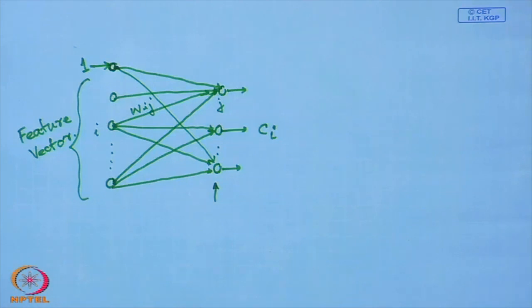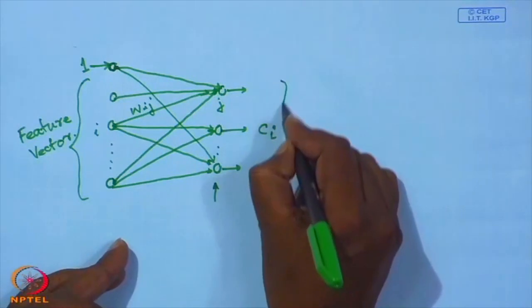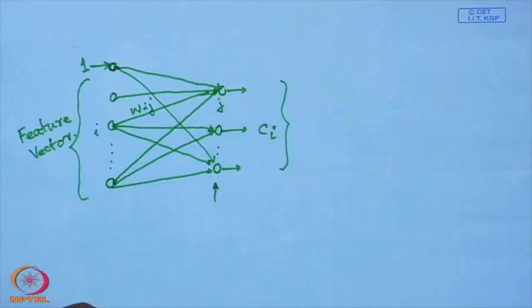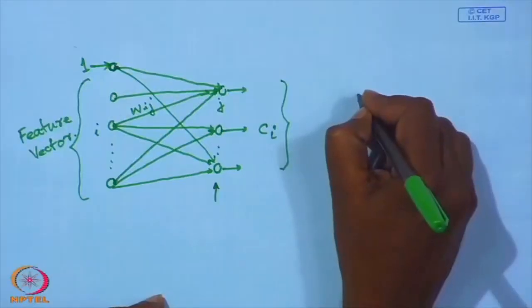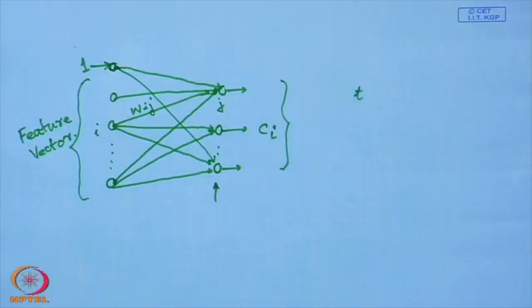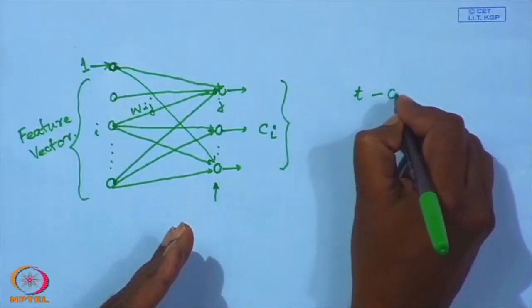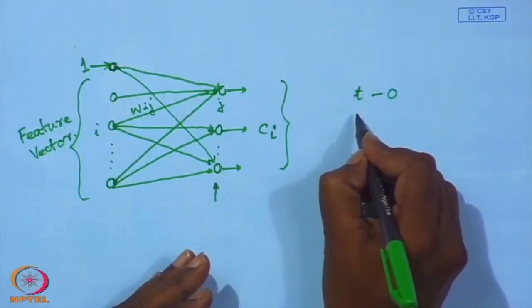So, during training, what we had done is we had fed feature vectors for which the classes are known, and if the class of a feature vector is known, that means I know what should be the output corresponding to that particular feature vector. So, that output is an output vector, say t. When the network is not properly learned, for an input vector I get an output which may not be equal to t. So, I get an output which is say O, whereas t is the target output.